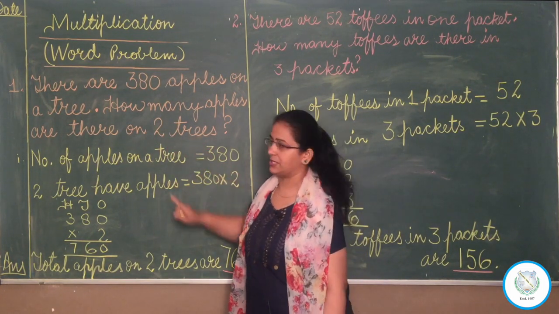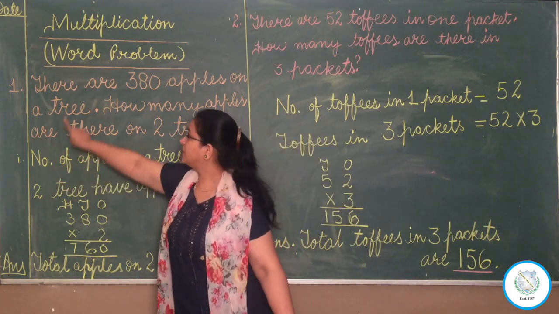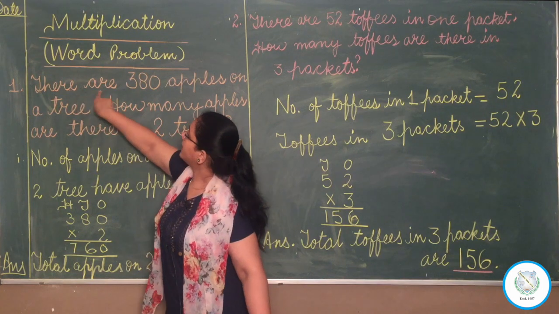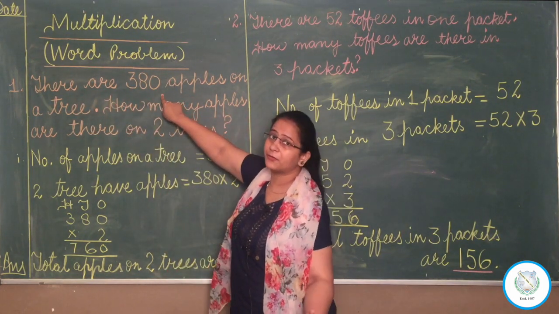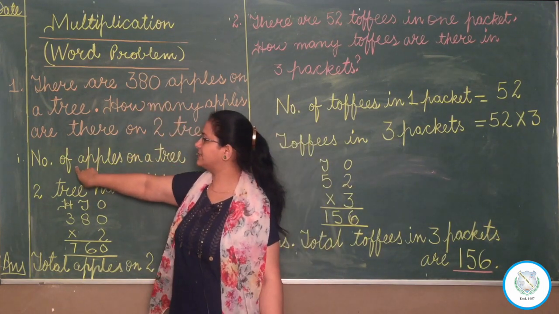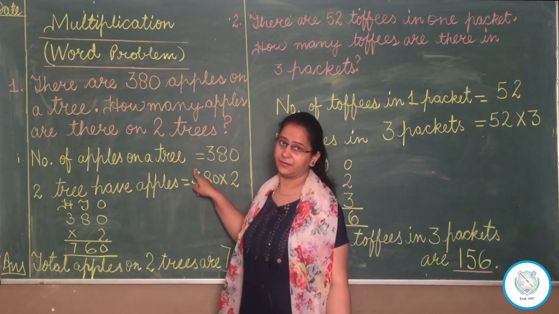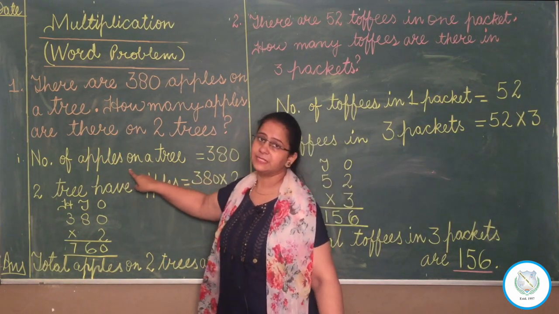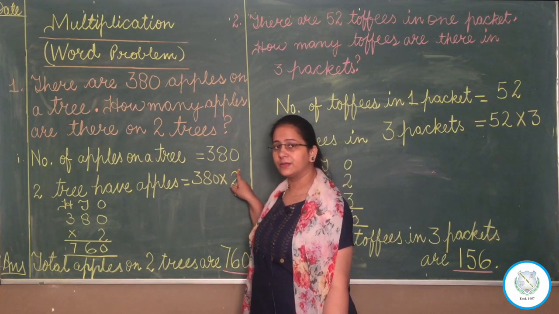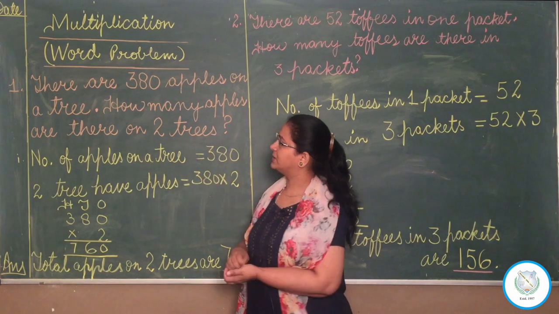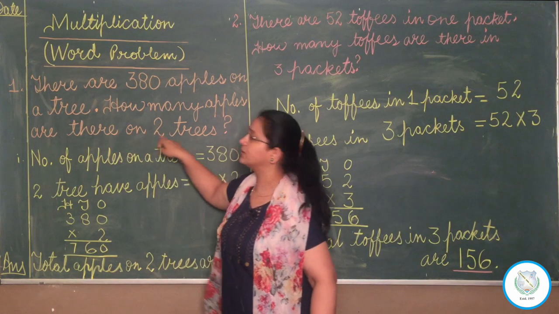Okay children, now see, first we will write the first line, there are 380 apples on a tree. How many apples are there in one tree? 380. So the first statement will be number of apples on a tree, 380. Now the second sentence is how many apples are there on two trees?